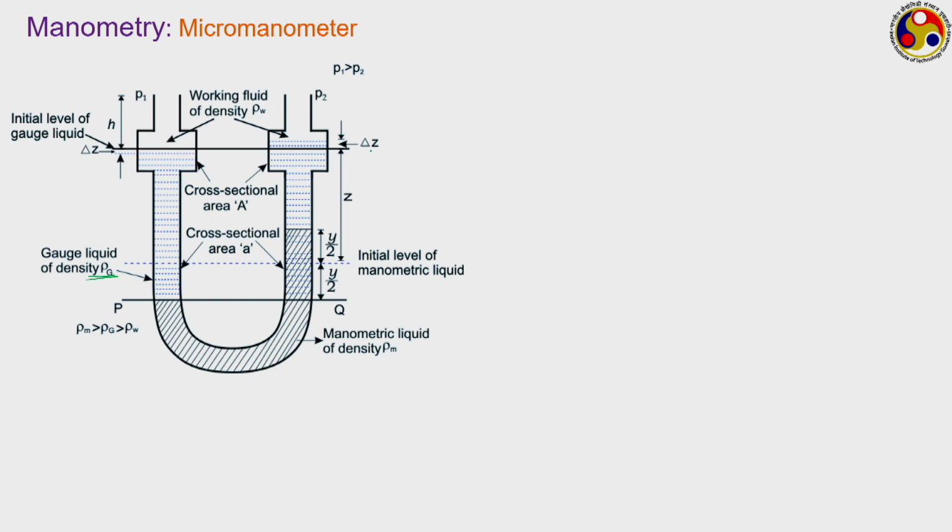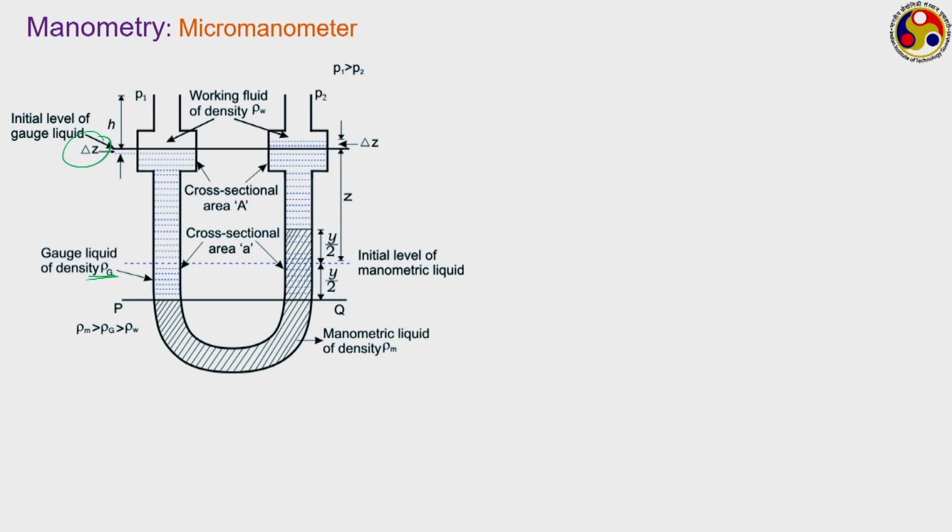Initially this was the level of the fluid, this was the initial level of the gauge fluid in both the tanks. On top of that we have the working fluid having density rho w, and this was the initial level of the manometric fluid. Now as soon as we put a pressure difference P1 minus P2 between the tanks, there is a delta Z reduction in the gauge fluid elevation on the left hand side.